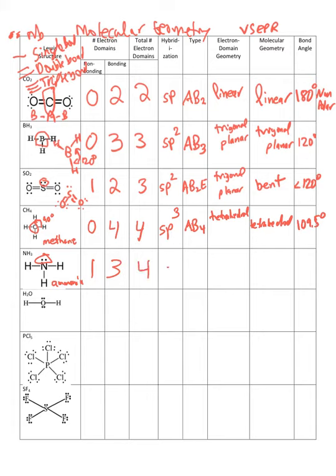If it's got 4, it means it has an sp3 hybridization. It's a type of molecule that I want to call an AB3E. Central atom A, 3 atoms generically labeled B around it, and a single non-bonding pair of electrons that we'll call E. So it's got 4 electron domains. That electron domain geometry is always going to be tetrahedral.